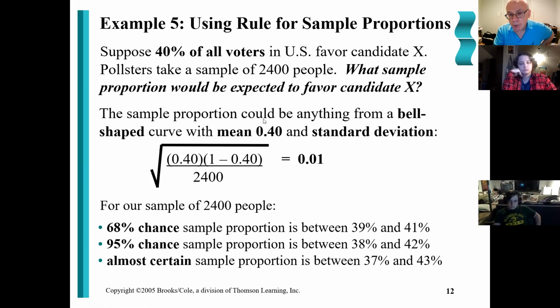Because according to this, there would be practically zero chance that your sample proportion would be 60%. It's just so far away from these numbers. So that would cast doubt on this original 40% figure.